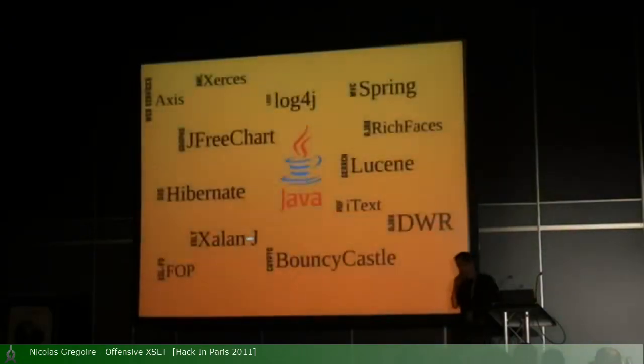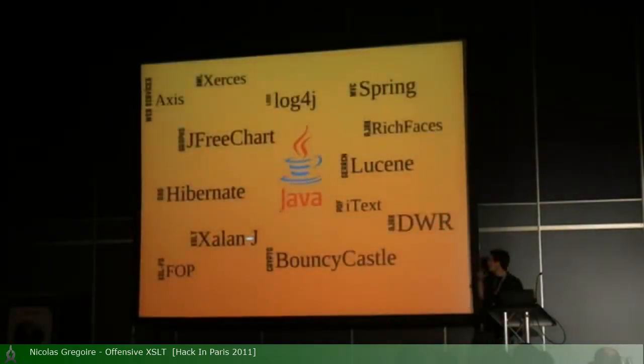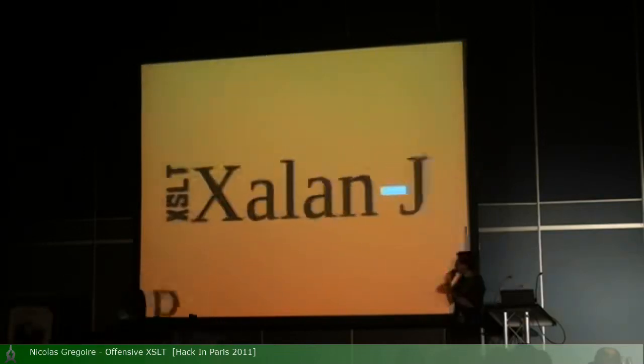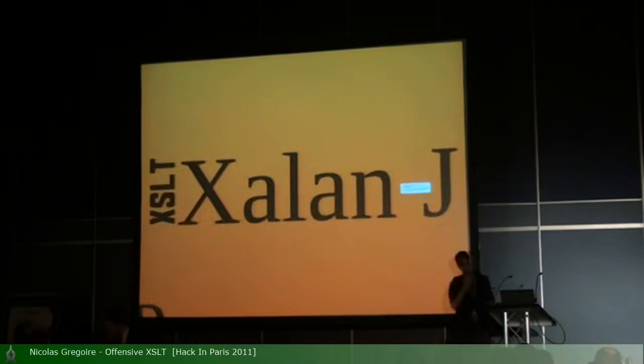So in this kind of virtual application, we will choose one family of components. We chose XSLT. For example, Xalan is an XSLT engine from Apache. Why could this kind of component be interesting for us as hackers? Because you have some very interesting functionalities.